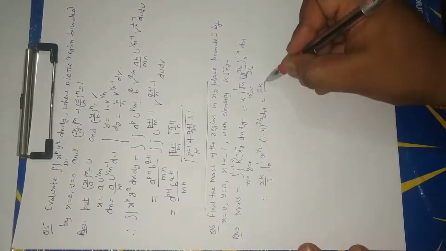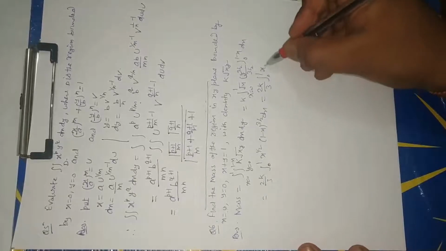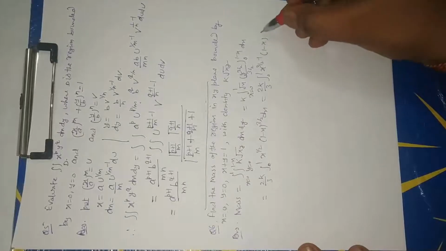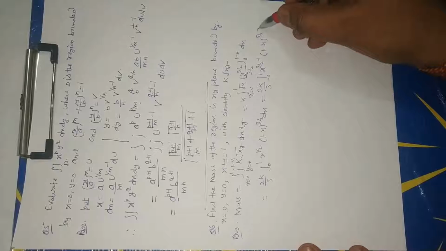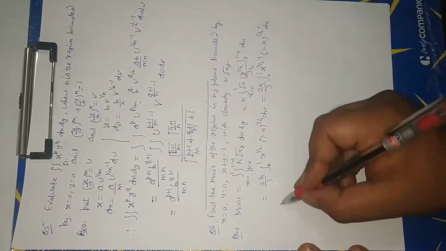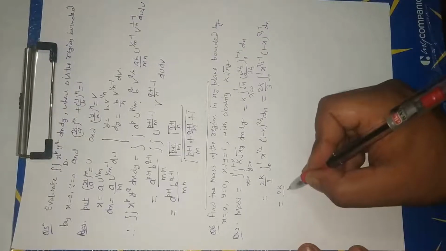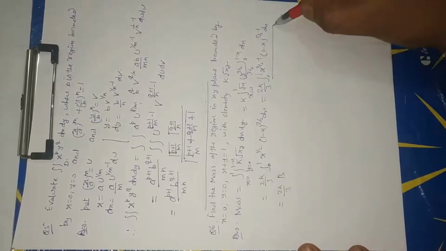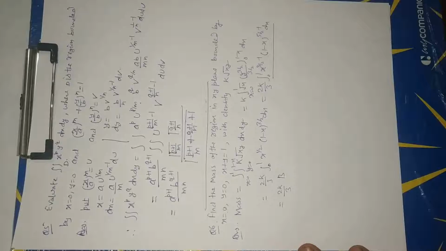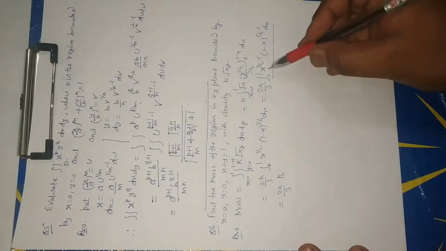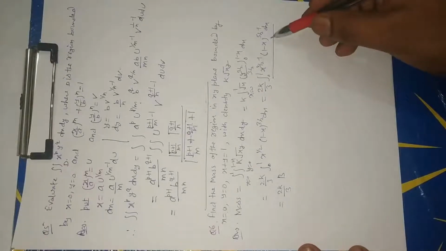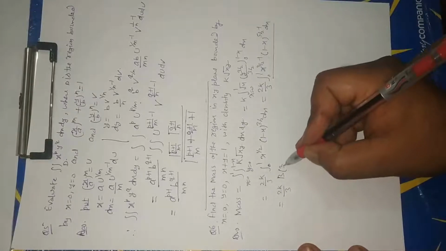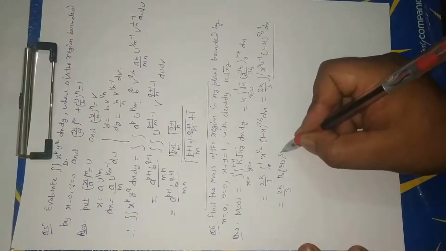This is equal to 2k upon 3, limit 0 to 1, x to the power 3 by 2 minus 1, (1 minus x) whole power 5 by 2 minus 1 dx. This is equal to 2k upon 3. Now the integration 0 to 1 x to the power 3 by 2 minus 1 (1 minus x) whole power 5 by 2 minus 1 is beta 3 by 2 comma 5 by 2.